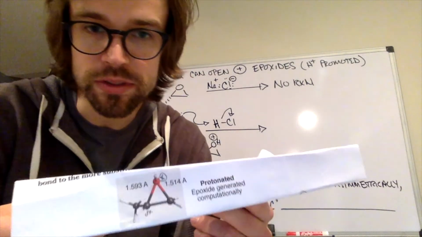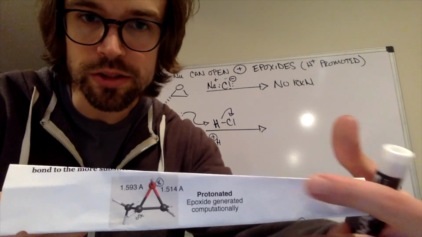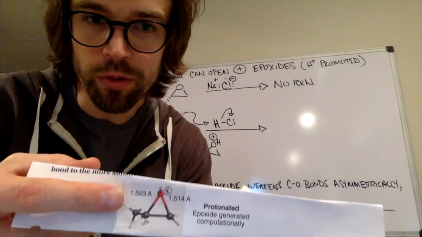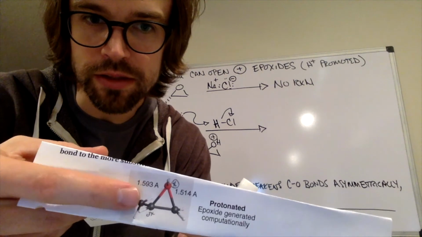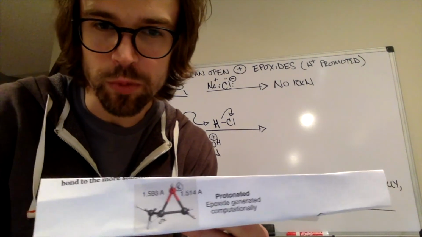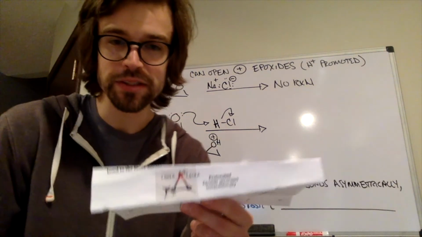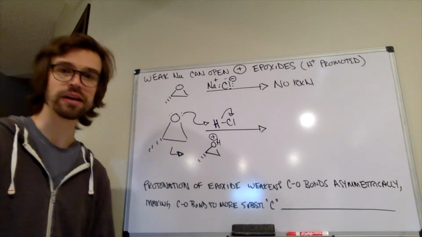And when we do that computationally, what you see is that the bond to the more substituted position is 1.59 angstroms, and the other one is 1.51 angstroms. So the bond to the more substituted position is a longer bond and a weaker bond.